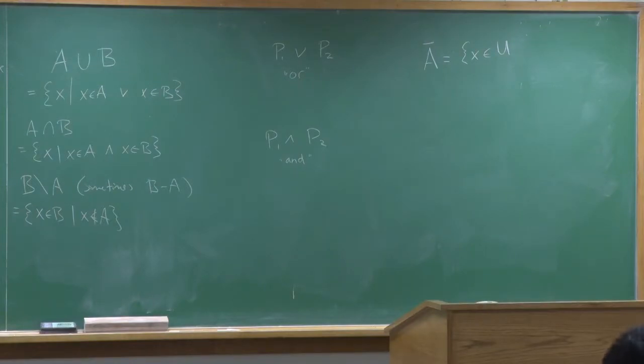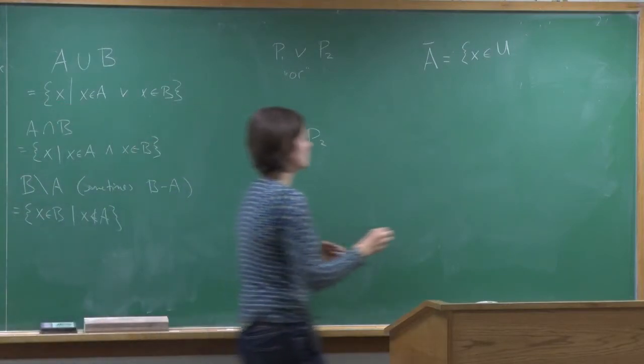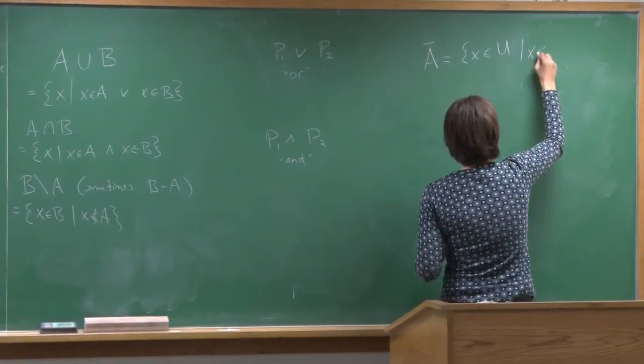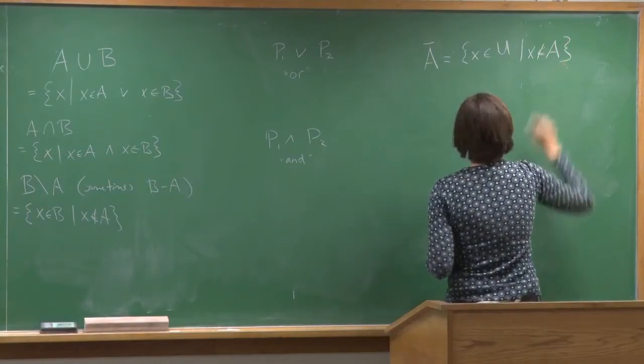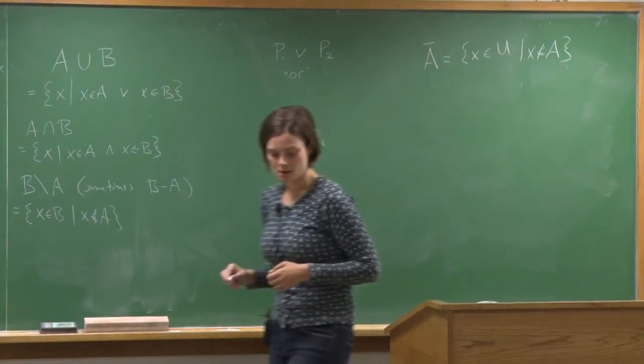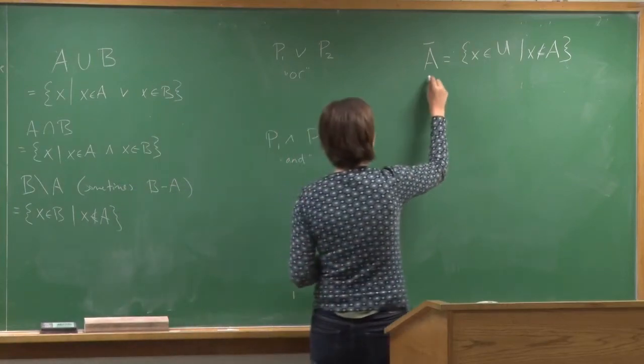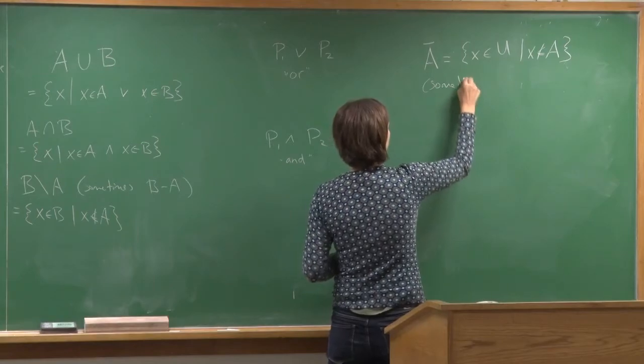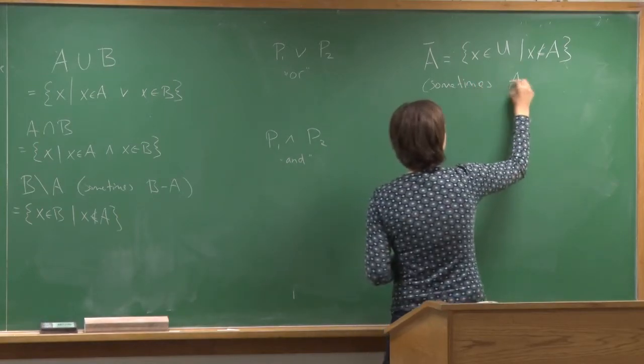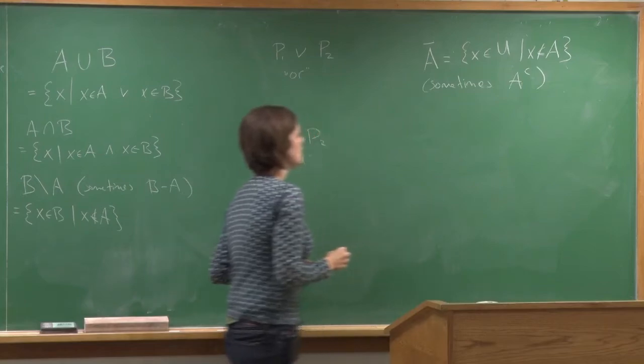You might be talking about the even numbers as being some subset of all the integers, or you might be talking about the even numbers as being a subset of the rationals, etc. But it has to be clear what the universe is in order to define what the complement is. Right? So it's all the elements in U that are not in A. Okay. Good. This is sometimes written as the complement, superscript C.